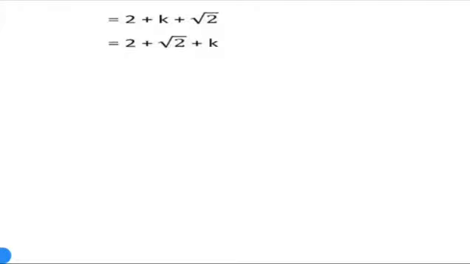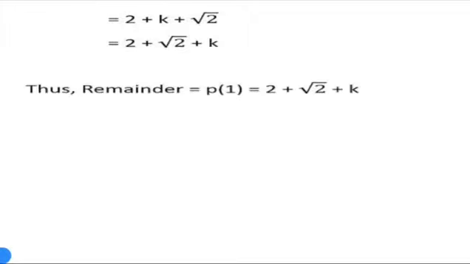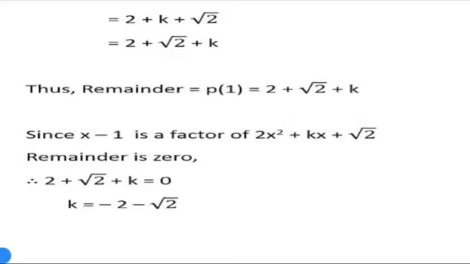Since we get the remainder as 2 plus root 2 plus k, that means p of 1 equals root 2 plus 2 plus k. Since x minus 1 is a factor of p of x, the remainder becomes 0. So we equate the remainder to 0. We get the value of k equals minus 2 minus root 2.